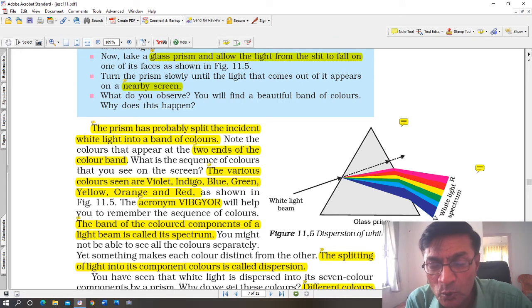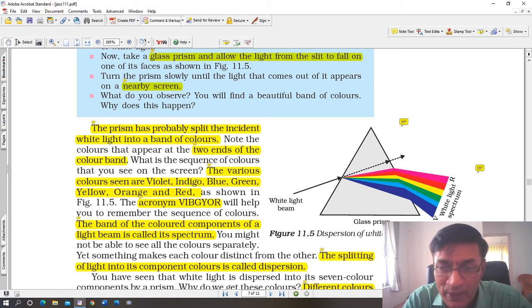Violet travels through the prism, the glass, at the slowest speed. Because it stays longer in the prism, it bends more. On the other hand, red light travels fastest through the glass prism, spends very little time inside, and therefore suffers the least bending.